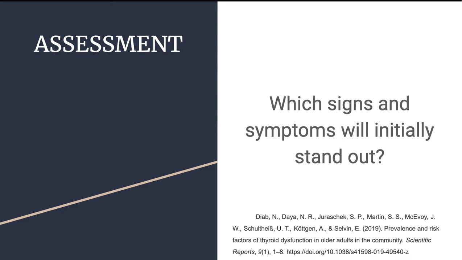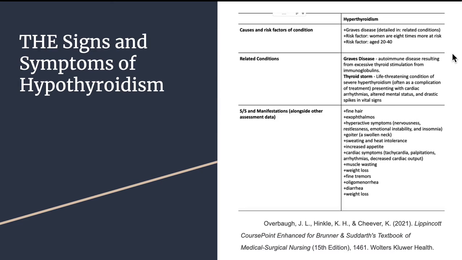I want to take a brief moment here before I even discuss the signs and symptoms to talk about risk factors for hyperthyroidism, because older adults have one of the greater risk factors. As I said before on this slide over here, ages 20 to 40 are the most substantial population that gets hyperthyroidism.